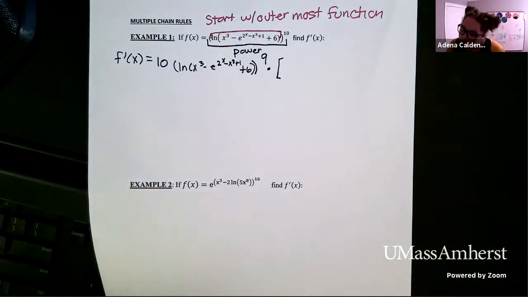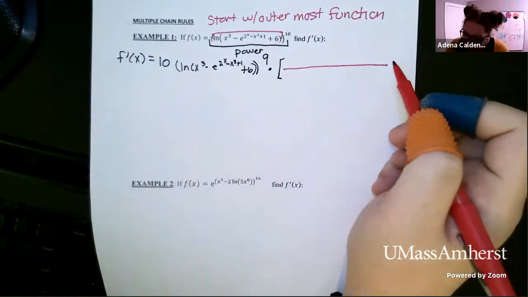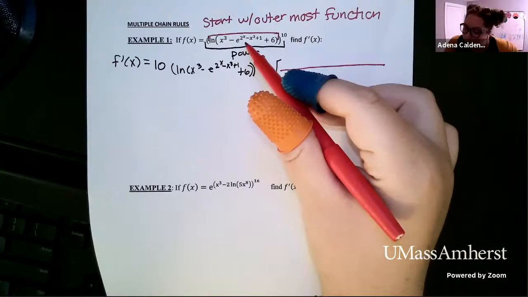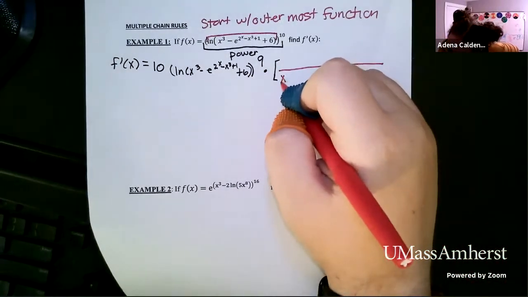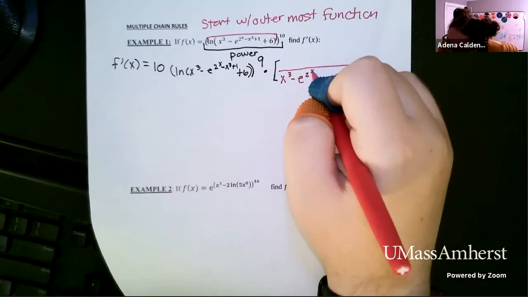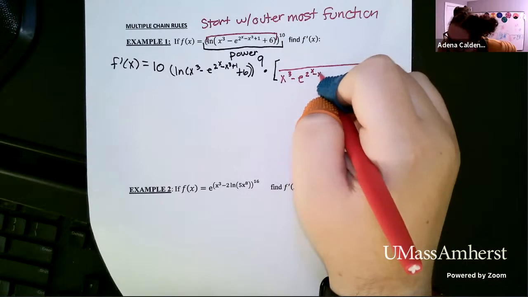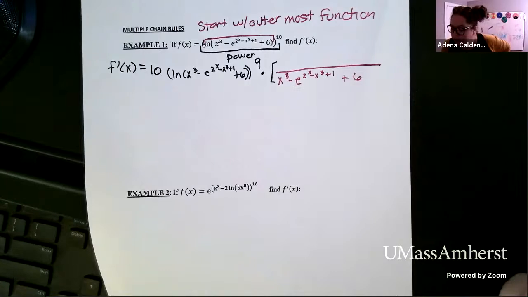So for the natural log chain rule, I remember that thinking about the derivative, I can do 1 over whatever's inside the argument. So that's x cubed minus e to the 2 to the x minus x cubed plus 1 plus 6.